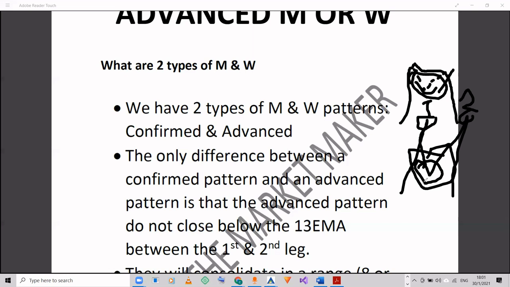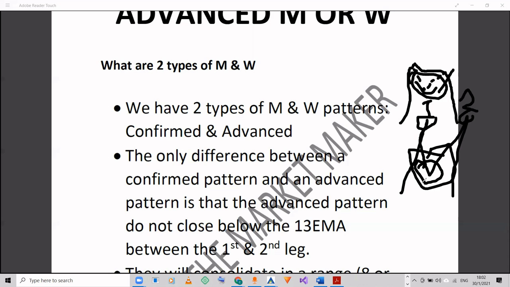The confirmed pattern now, as you already know from what I said, if the advanced pattern does not have an apex, how can you tell that this is not an advanced and this is a confirmed? A confirmed pattern is simply that an apex should be present.